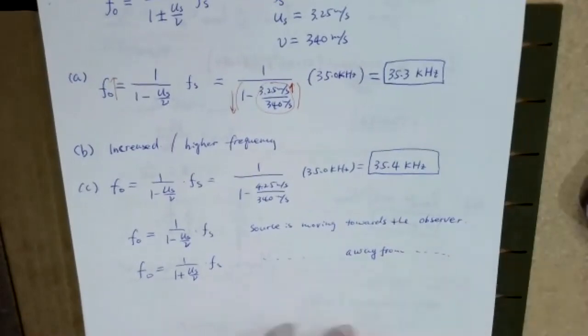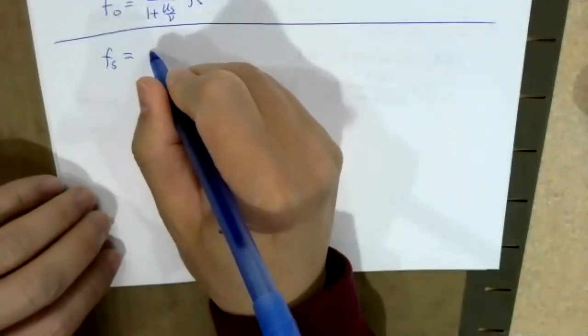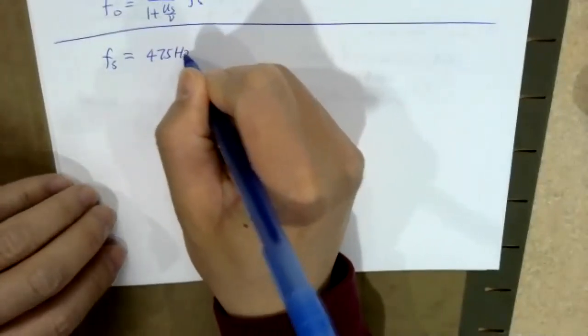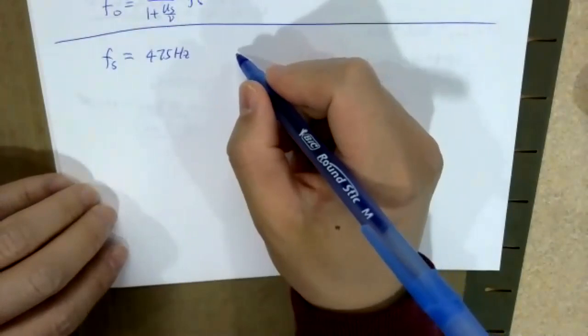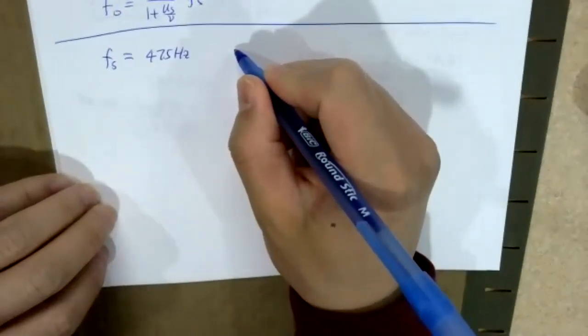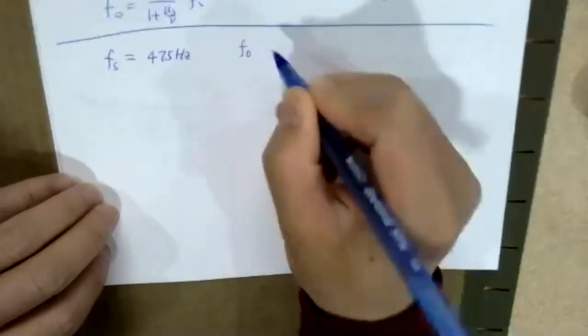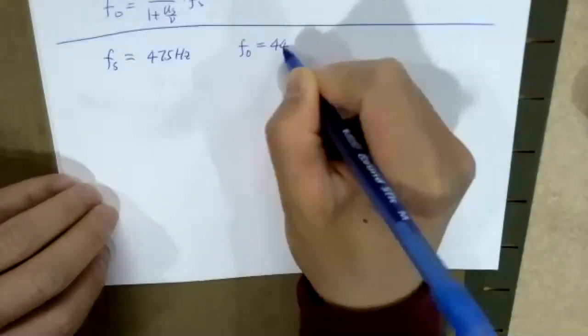In this case, we are given that the frequency by the source is 475 hertz, and the frequency heard by the observer, the pigeon, is 448 hertz.